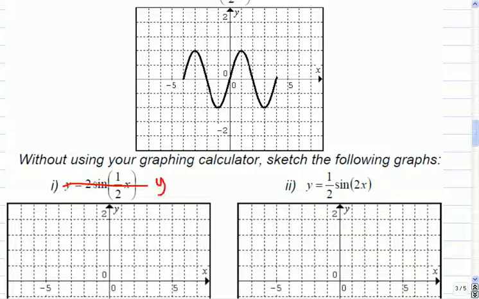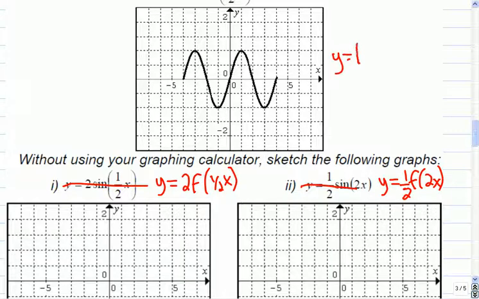This should be y equals 2f(1/2 x), and this should be y equals 1/2 f(2x). And this graph you're looking at here is y equals f(x). That's probably the clearest way. I think I made a typo when I wrote it in the notes for that graph.